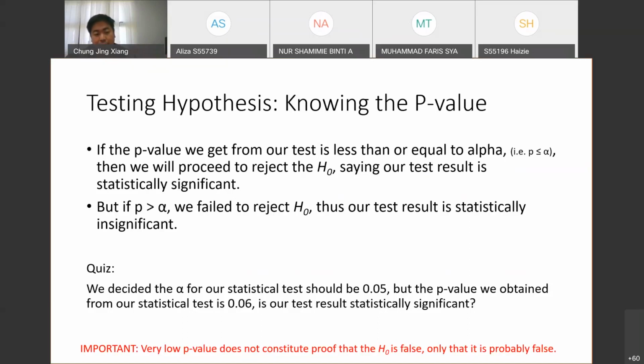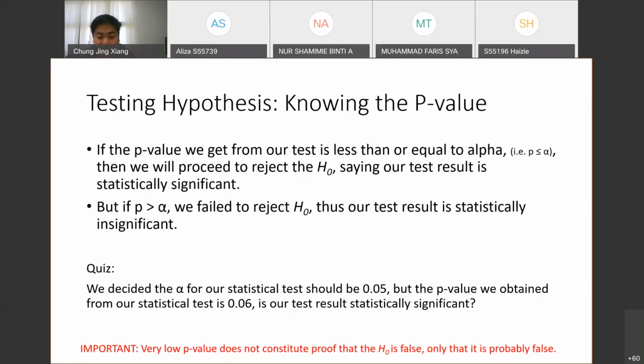So we say our test is statistically non-significant. So remember, if the p-value is smaller than or equal to alpha, we reject H naught, saying our statistical test is significant. If larger than alpha, we fail to reject H naught, saying our result is statistically insignificant, or non-significant. All right? So remember this.